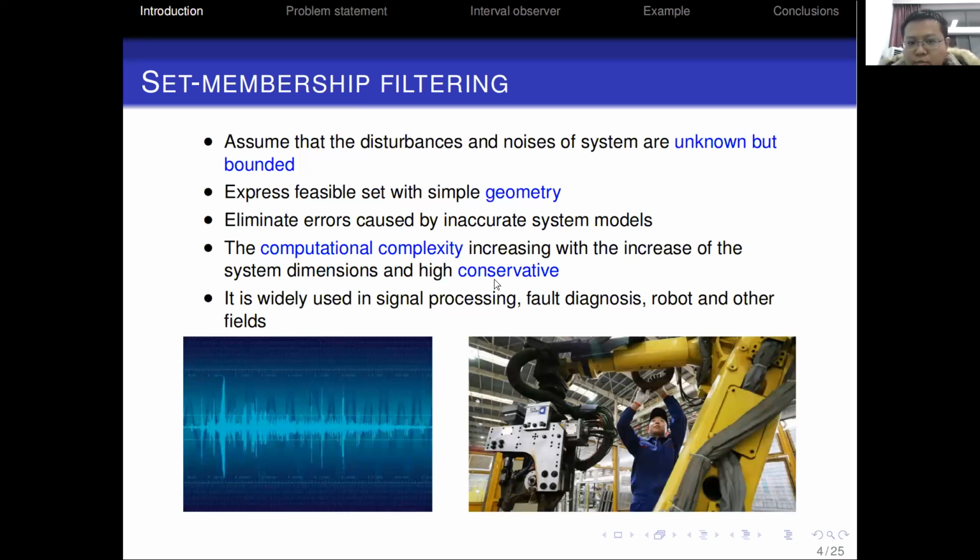The computational complexity is one index for finding a novel set membership filtering method. And the filtering method can be widely used in signal processing, fault diagnosis, robotics and other fields.